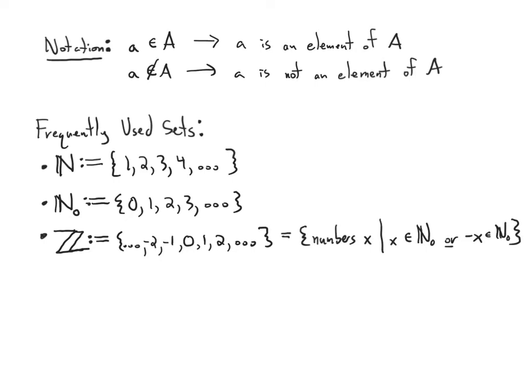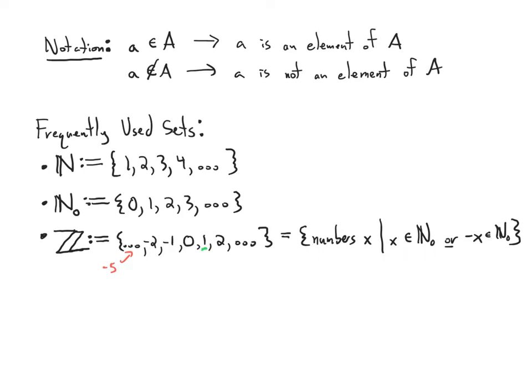So that makes sense. For example, if we had 1 here, 1 is a number, and does it satisfy our condition for being in the set? Well, 1 is in the set of whole numbers. Here it is here. What about something like -5? -5 is a number.